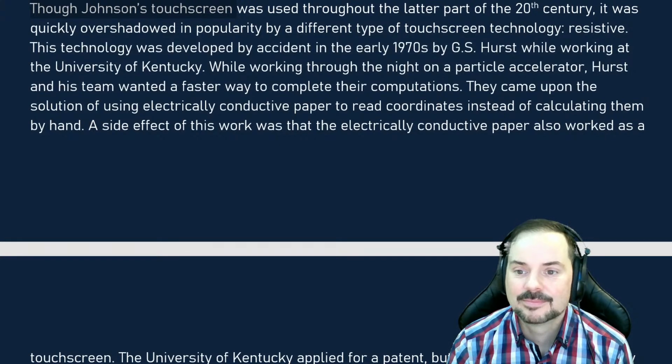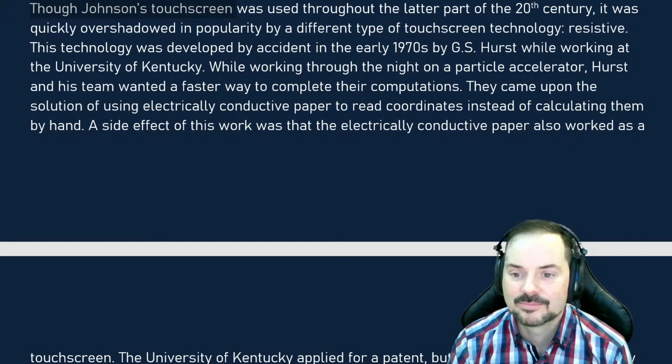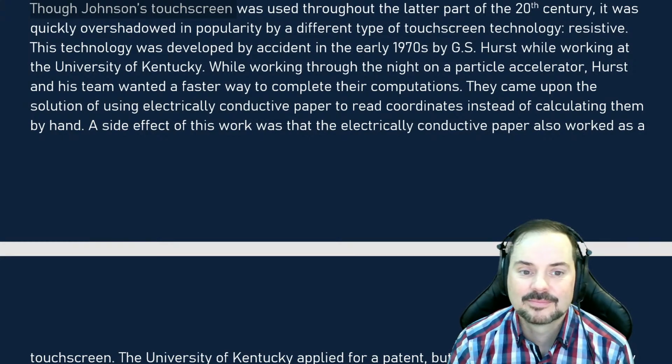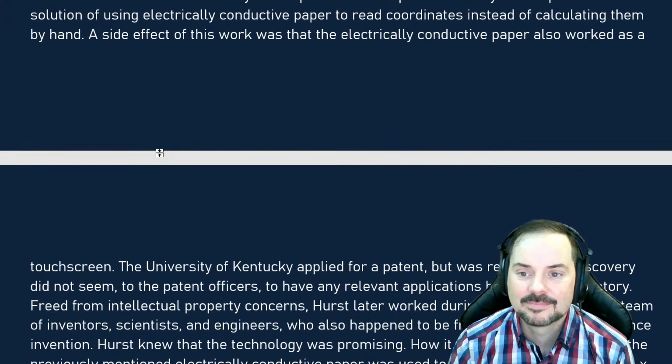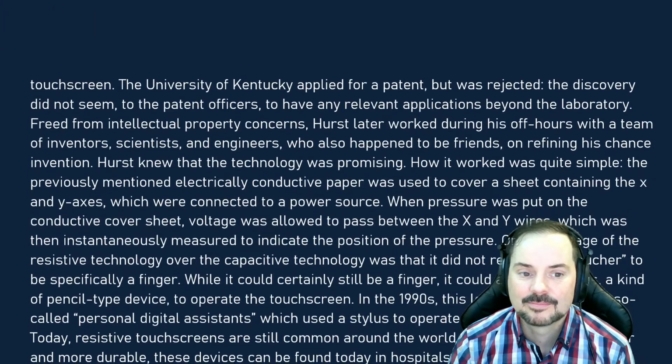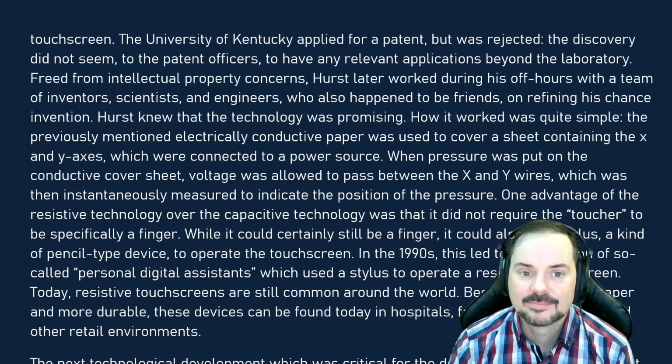While working through the night on a particle accelerator, Hurst and his team wanted a faster way to complete their computations. They came upon the solution of using electrically conductive paper to read coordinates instead of calculating them by hand. A side effect of this work was that the electrically conductive paper also works as a touchscreen.